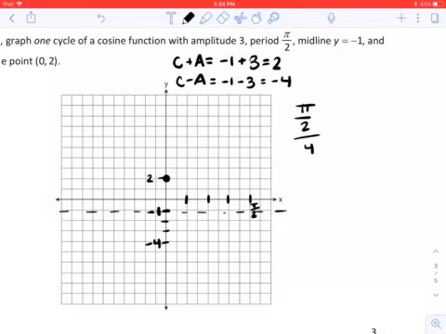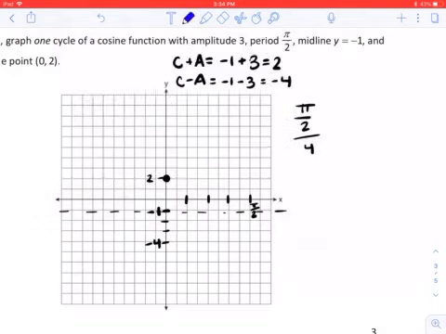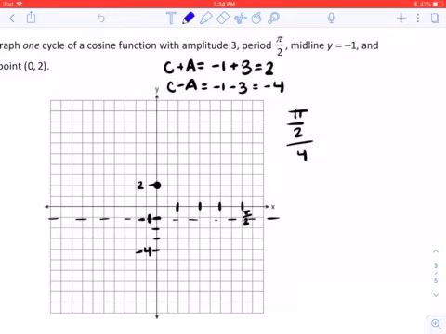I'm going to mark my minimum, negative 4. And then I can go ahead and start my graph. It is cosine. So cosine starts at the maximum, then goes to your midline, then goes to the minimum, back to the midline, and then finishes up at the maximum. And there is one cycle of our graph, one cycle of cosine.